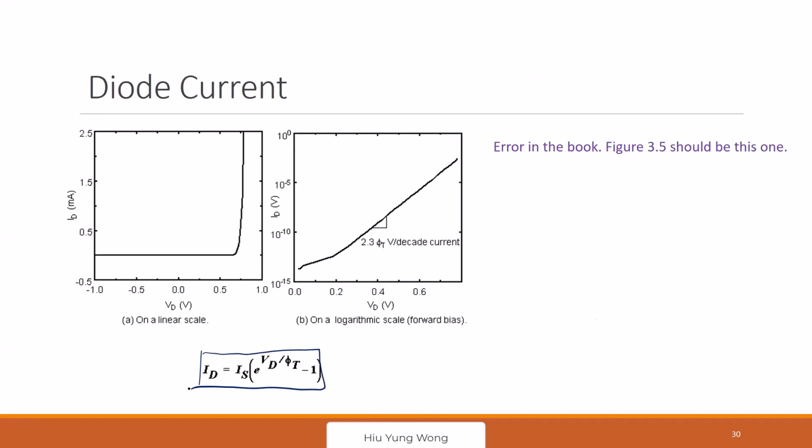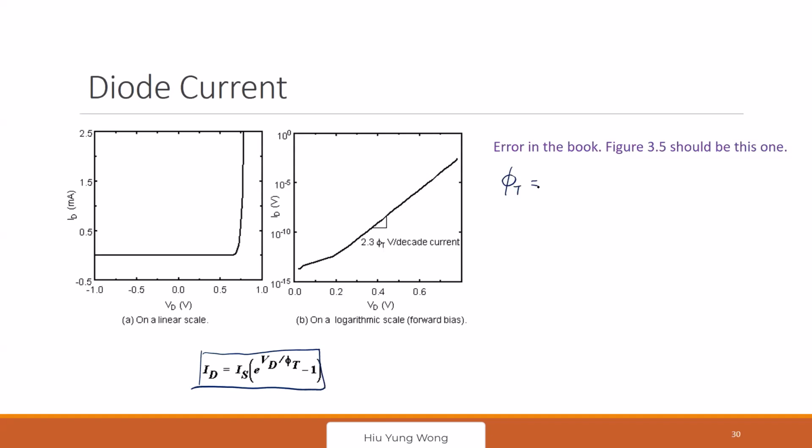Do you know what is phi t? Although you might not have the same symbol, based on this equation, what is phi t? Do you remember? Built-in voltage? Not the built-in one.